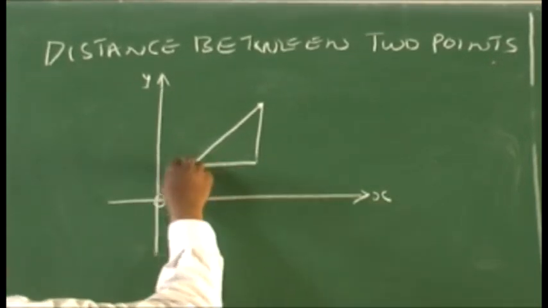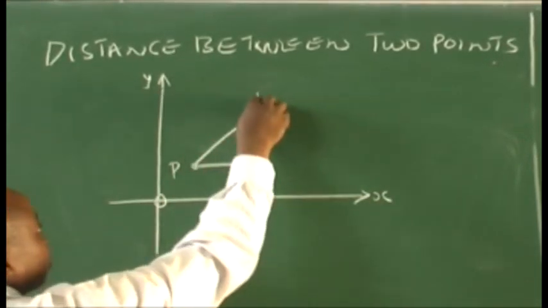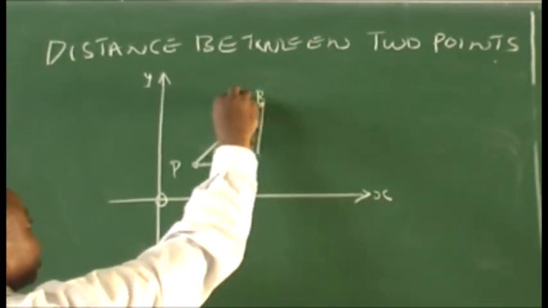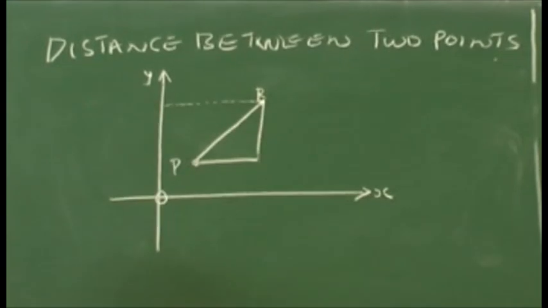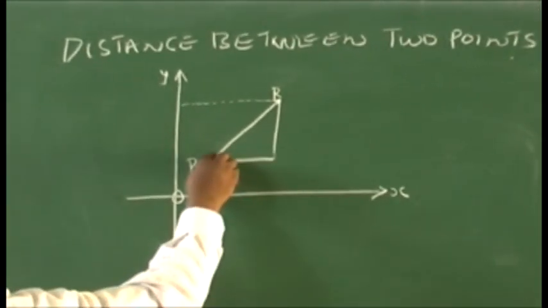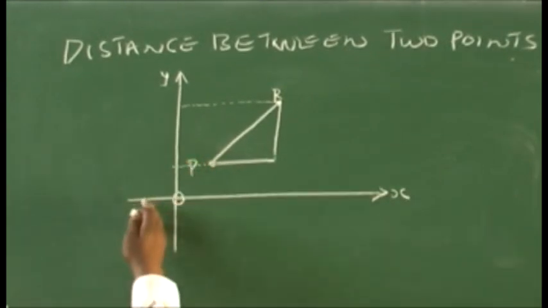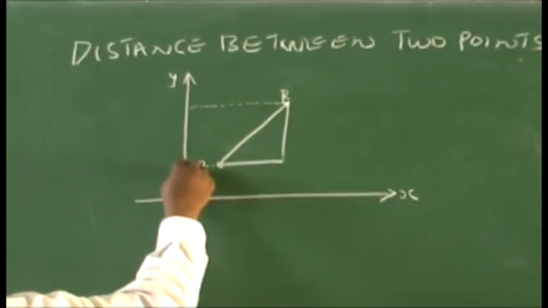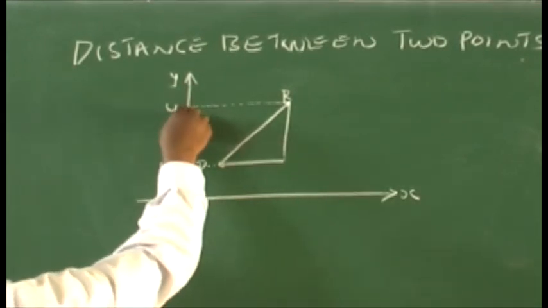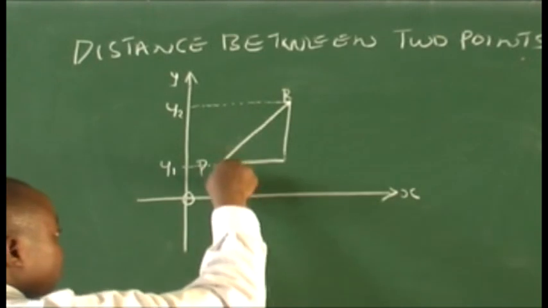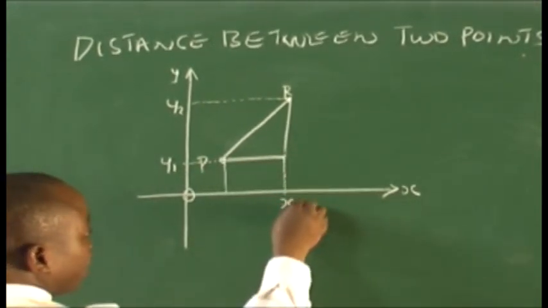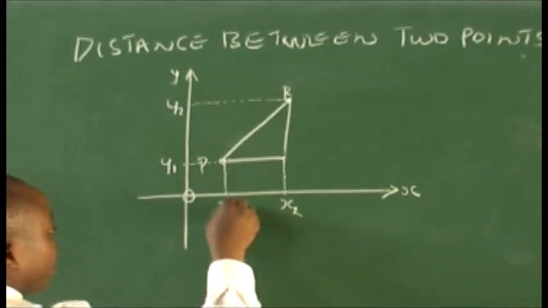Let me call this point P and call this one point R. But don't forget that point R has coordinates in y, and here it also has to this side. But this is the y-axis. So if I have here y1, I have here y2. Same thing will happen this way, so that I have here x2 and I have here x1.